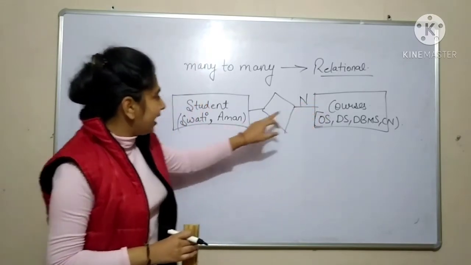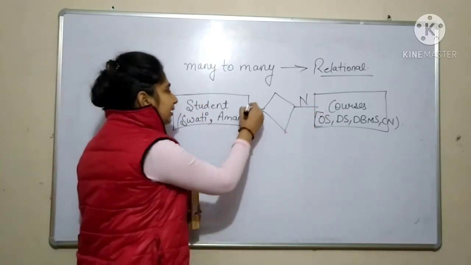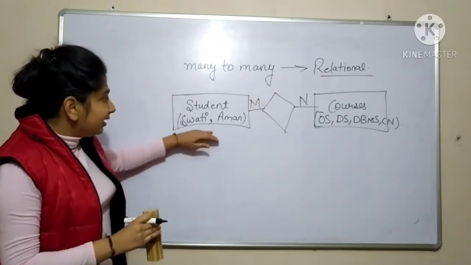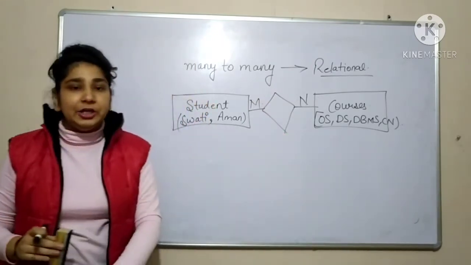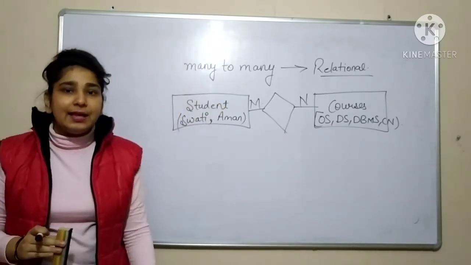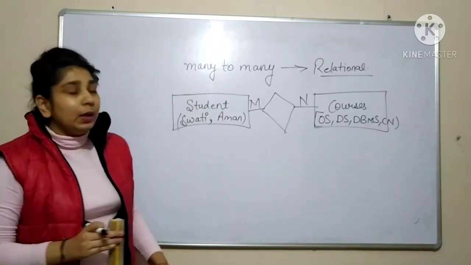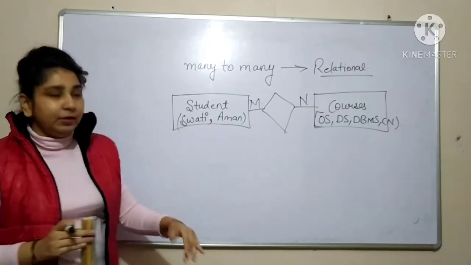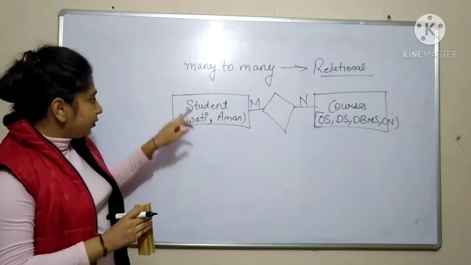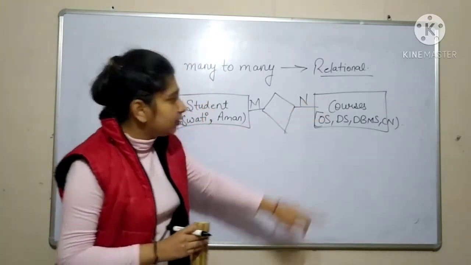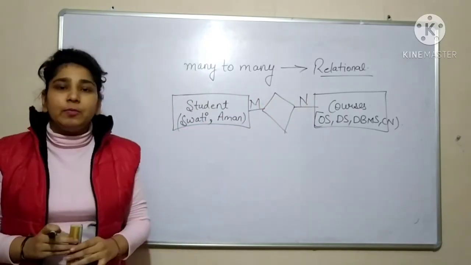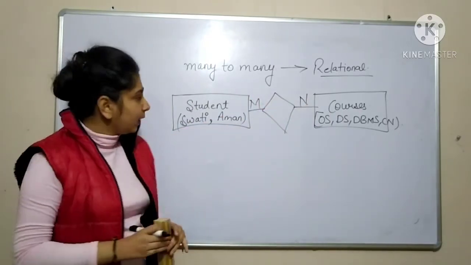So there is a many to many relationship between the student and courses entities. One student can study many number of courses and one course is studied by many number of students.